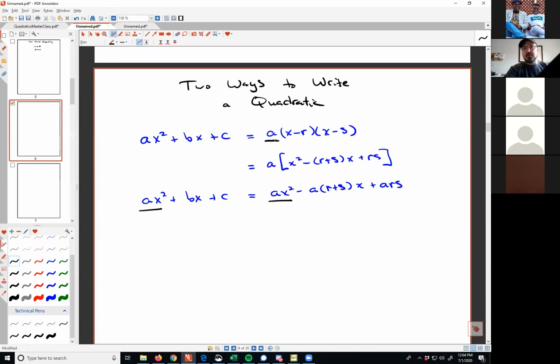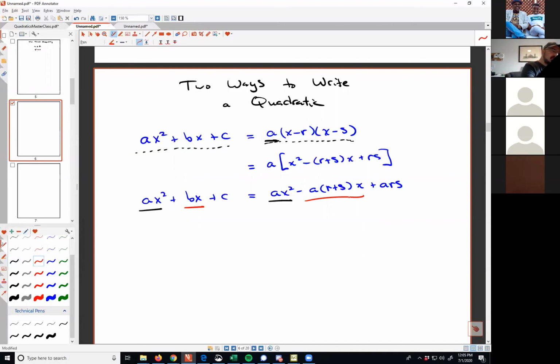So now we have the quadratic entirely in terms of general coefficients, and we have a quadratic with the same general lead coefficient, but in terms of its roots. Two ways to do it, and we're testing term by term, and now we look at the middle term, and we say, oh, these must be the same.